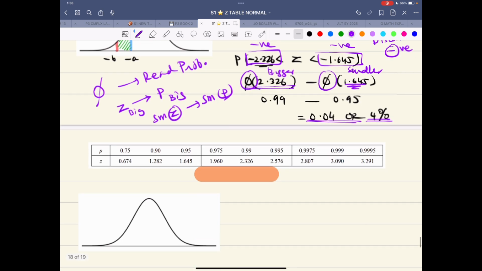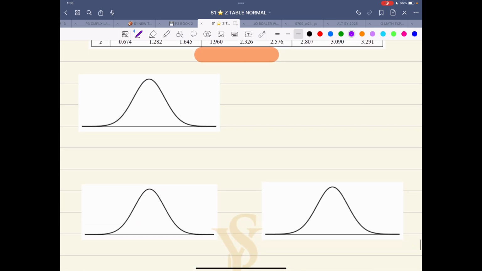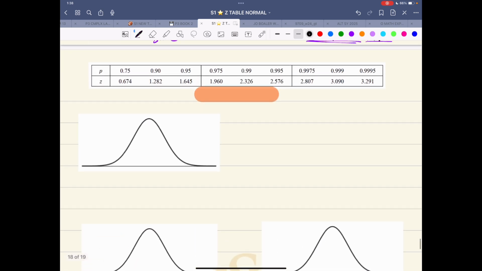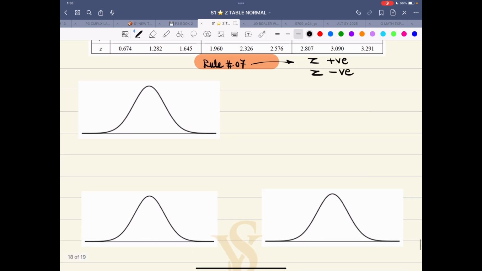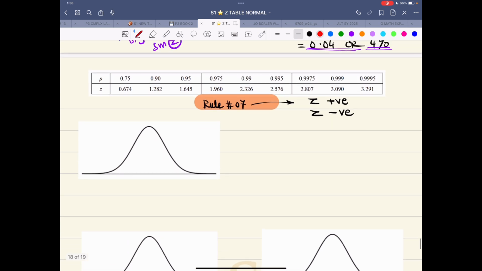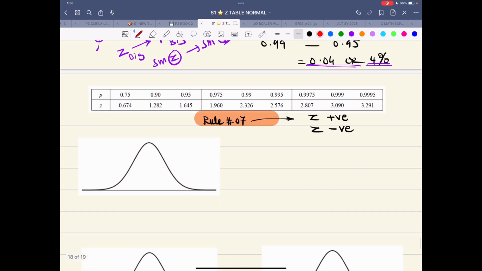So far, so good. Now comes the last one, the most tricky one. And this is rule number 7. That is, one z is positive, the other z is negative. Now, this is very technical. And let me choose the 90% value, which is 1.282.